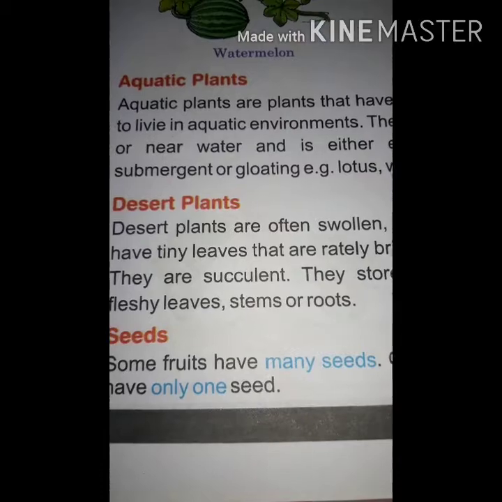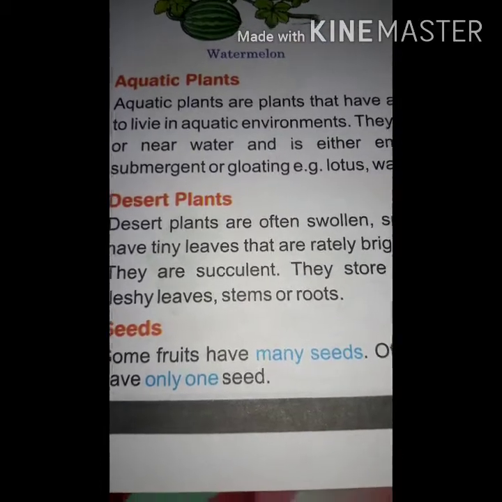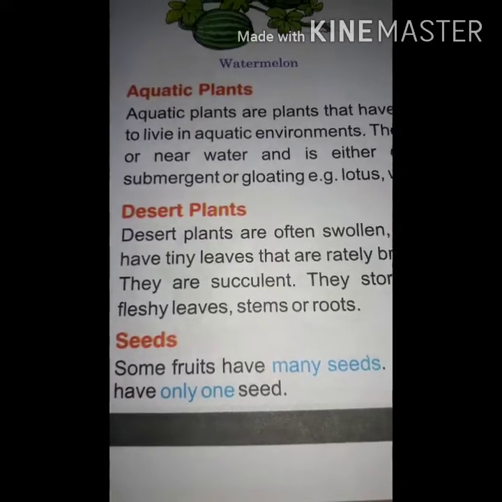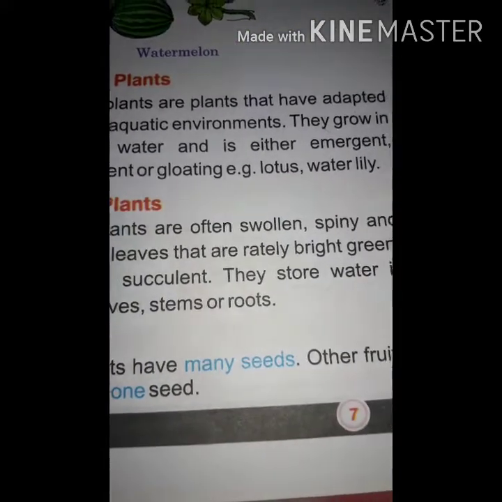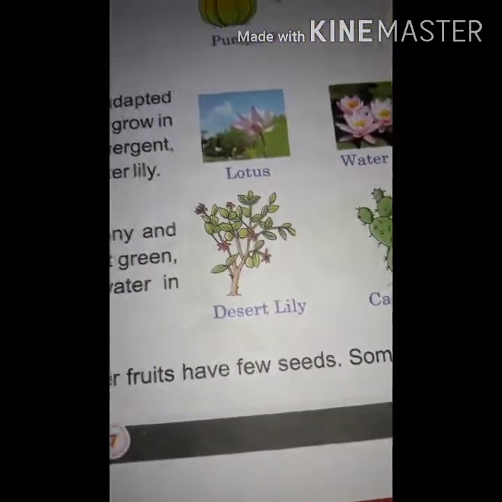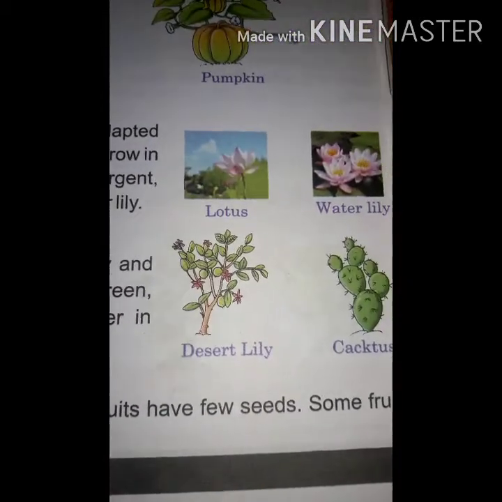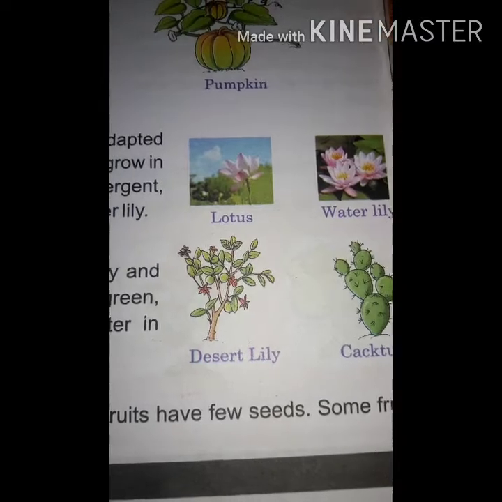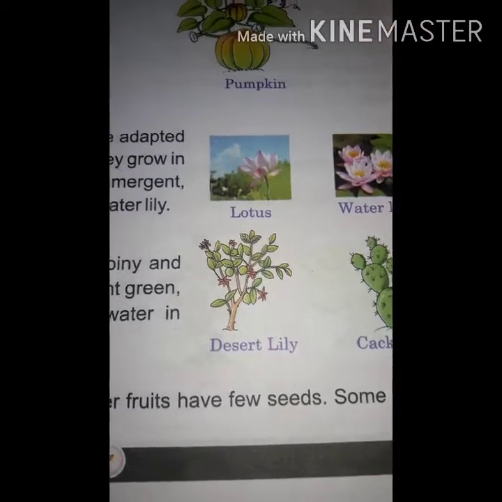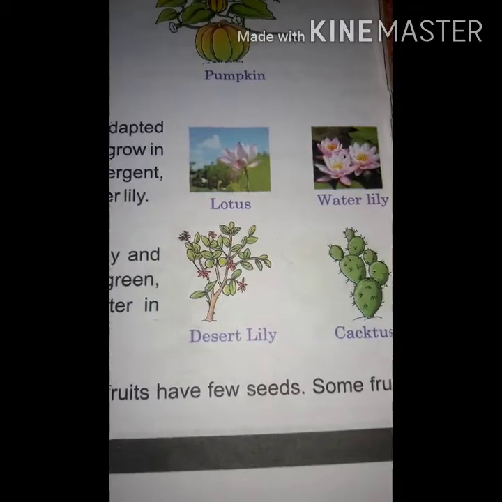They grow in or near water and are either emergent, submergent or floating. Examples are lotus and water lily. You can see the plants and flowers of lotus as well as water lily. These are very pleasant flowers, looking very nice.